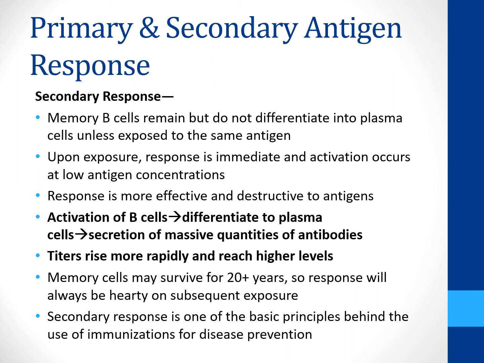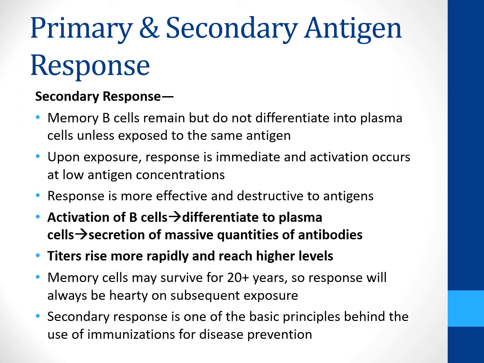Your titers are going to rise very rapidly with that second infection and reach much higher levels than they ever reached during the first infection. Memory cells can survive over 20 years, so you're going to have this hardy response to a subsequent exposure for many, many years to come after your initial exposure.